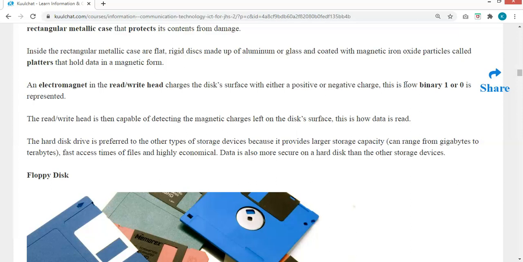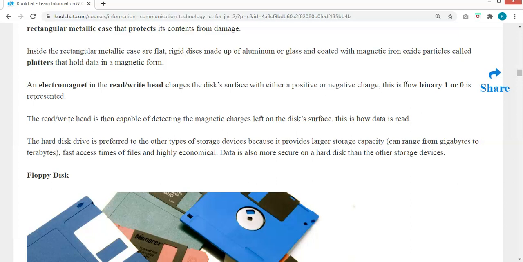So it introduces charges to write either 1 or 0. When it's positive charge, it's 1. If it's 0, it means it is negatively charged. So once it's written, you can convert it to data, which you can have on your storage device.